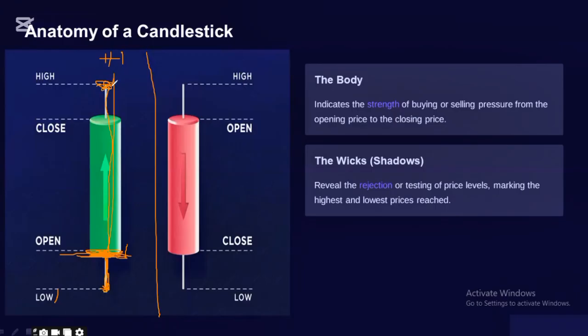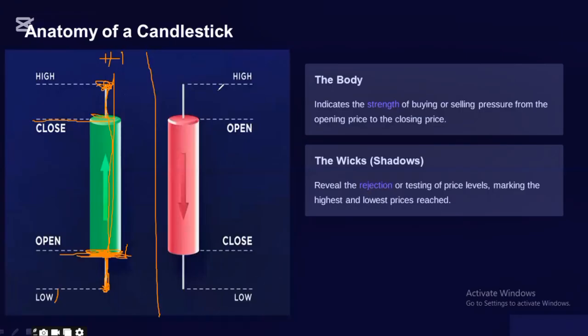Then since it's a tug of war, sellers were also given a fair chance to participate. They were able to push the price to this place. Then the 1 hour elapsed. Then they closed here. That's as simple as it is, nothing complicated.